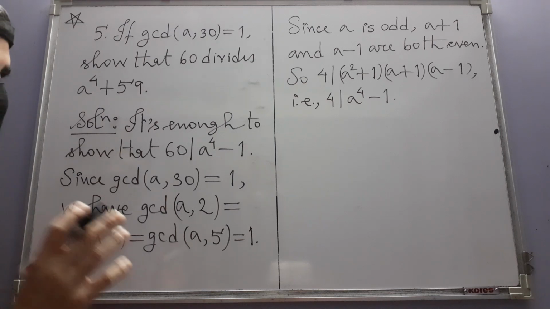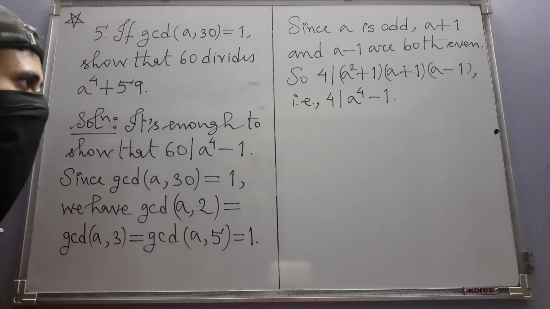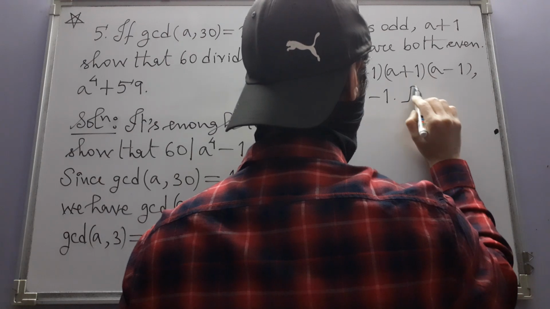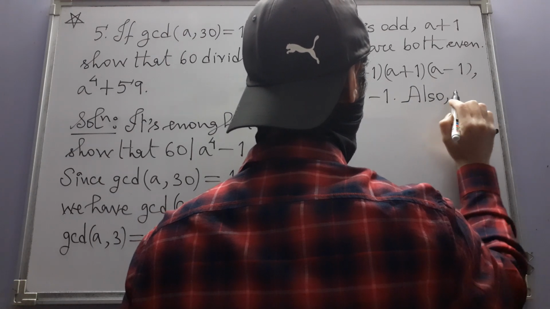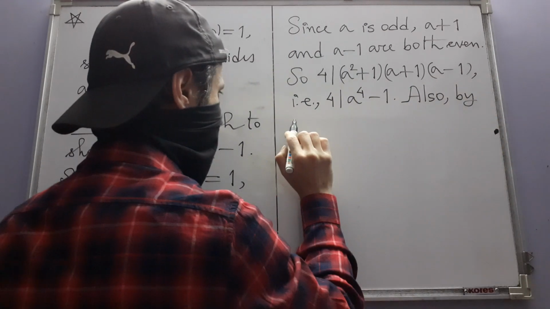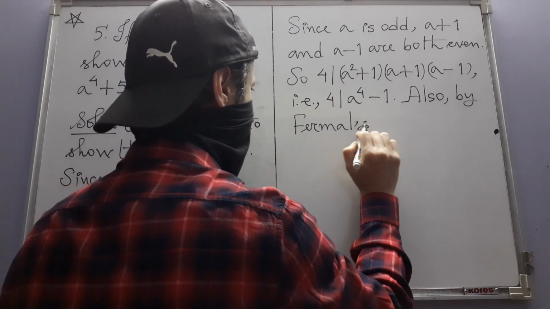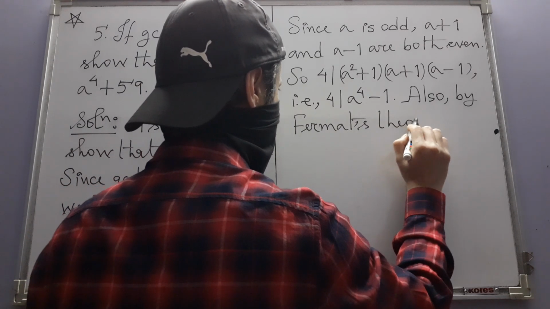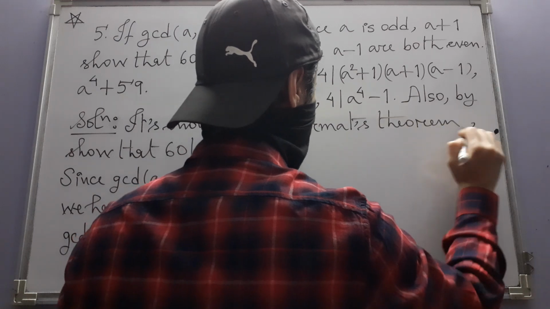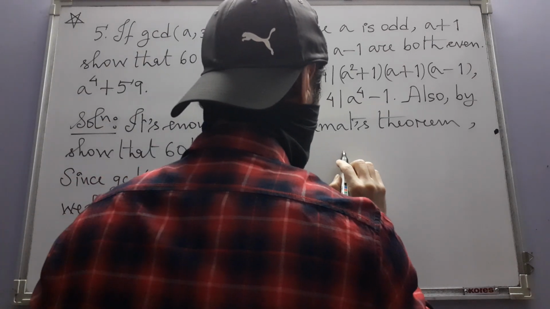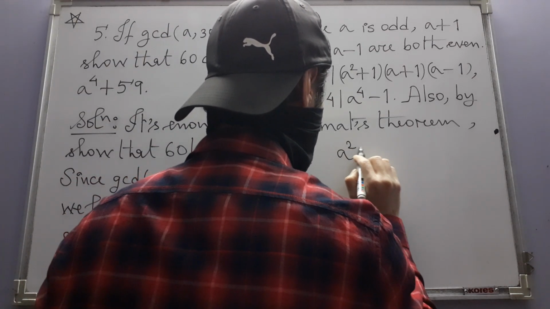Okay, so this is one divisibility relation we have got. Also, by Fermat's theorem, since a is also relatively prime to 3 and 5, we are also going to get these things.